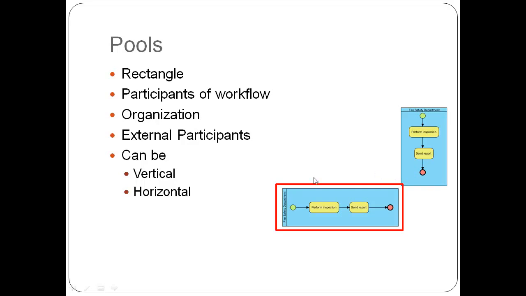But we suggest using the horizontal orientation. The reason is that in system analysis and design, we have a language called UML, the Unified Modeling Language. And under UML, we have an activity diagram. It is something very similar to the business process, but with more sophisticated notation and of course more complicated.